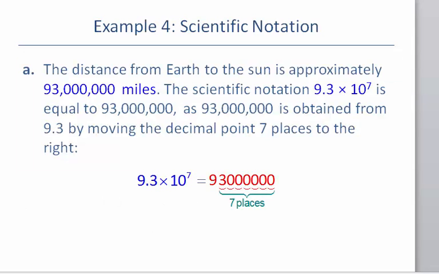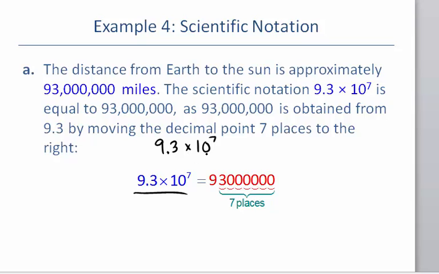Let's look at another example. The distance from Earth to the Sun is approximately 93 million miles. The scientific notation is 9.3 times 10 to the 7th. I just want us to look for a second at how these two numbers are equivalent. Let's take our scientific notation, 9.3 times 10 to the 7th, and discuss what this means.